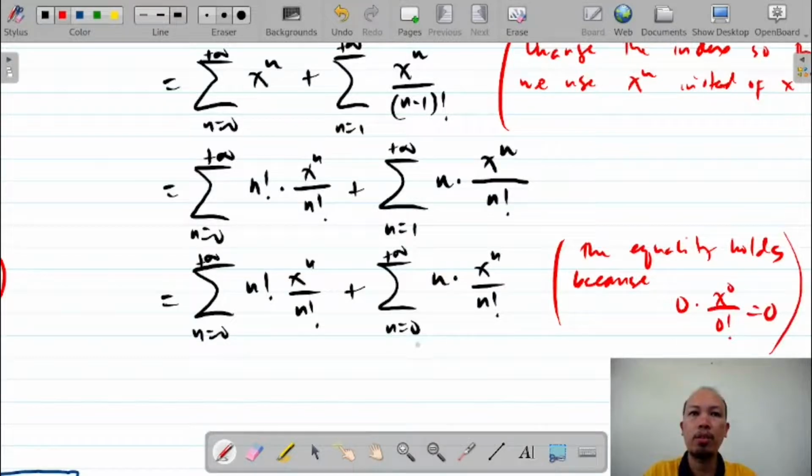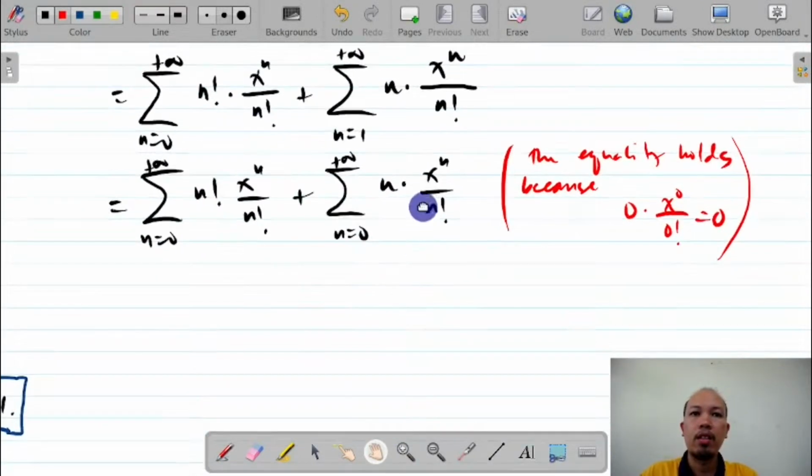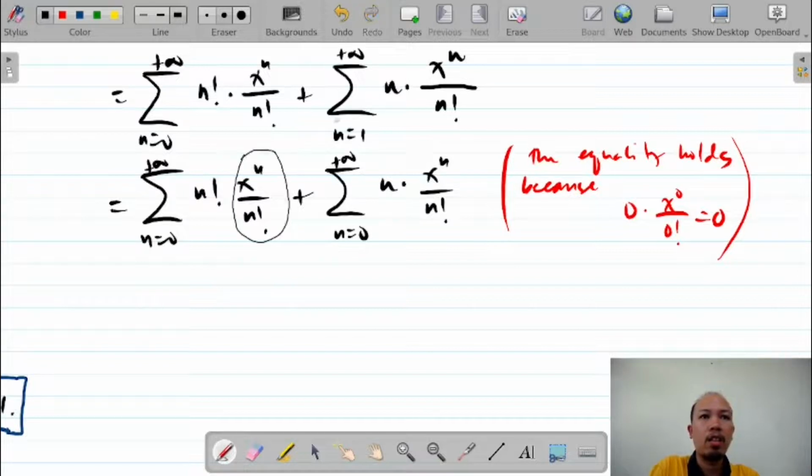If you try to expand this term here, this is just the same as this one, because 0 times x to the 0 over 0 factorial is equal to 0. Okay, we are almost there. They are just the same, this one here.